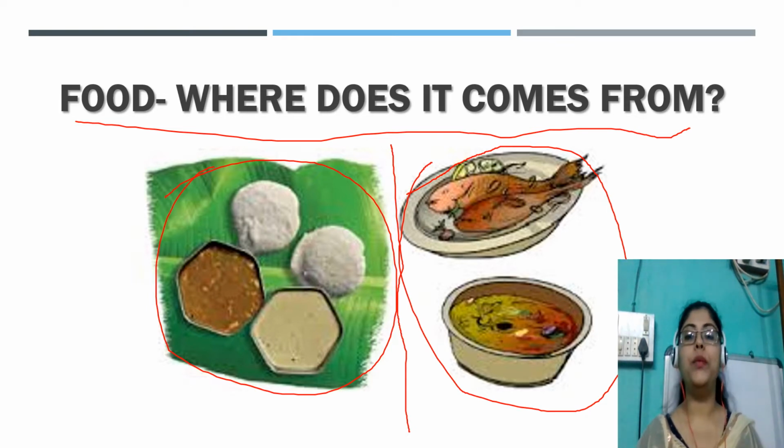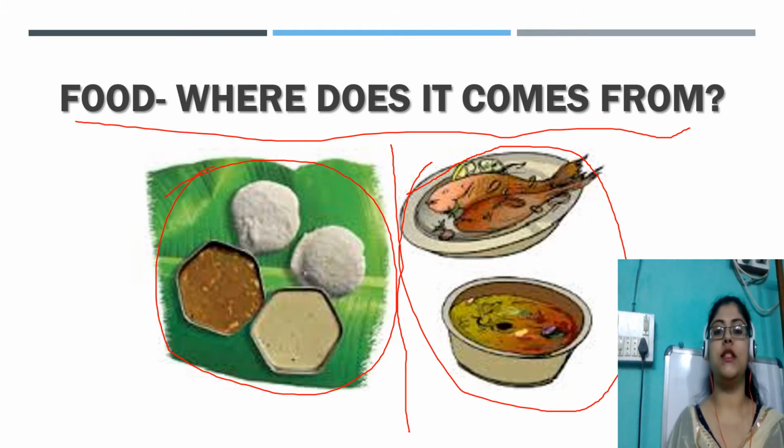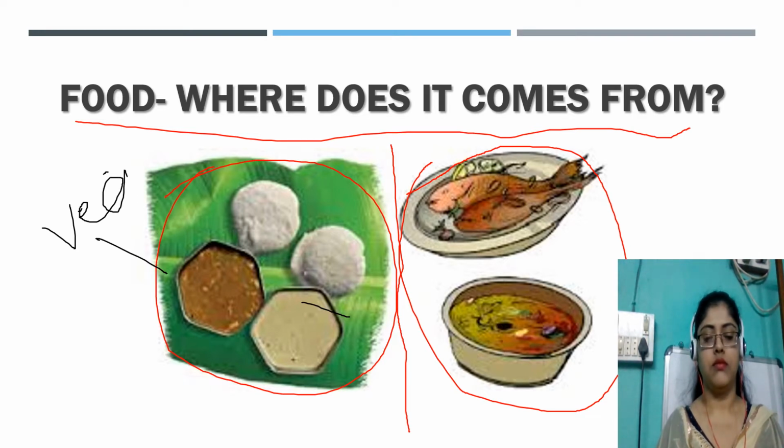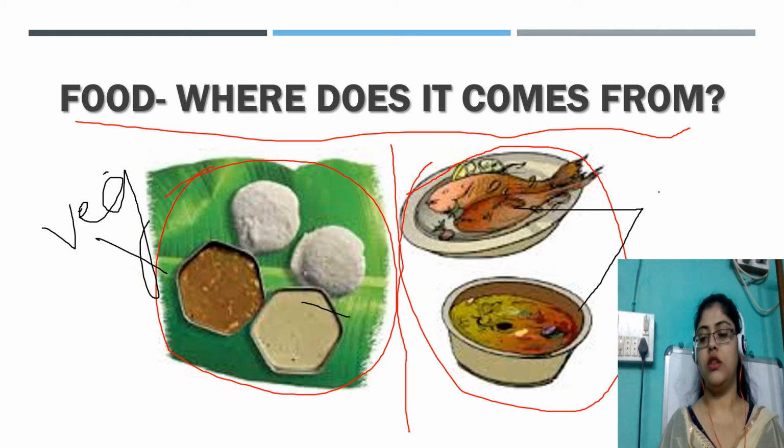Well, I hope you all have written your answer in the comment section. So yes class, you all are right that the first one belongs to veg food items, that is vegetarian food. And the second one belongs to non-veg.